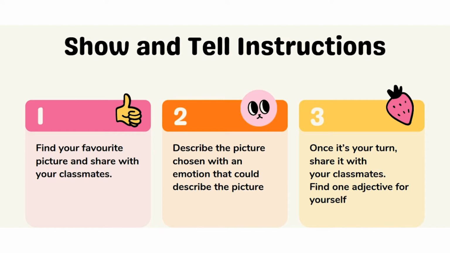After you have shared with your classmate, there is a very simple activity: find one adjective for yourself that could describe you for people meeting you for the first time. What adjective is suitable for you, so that people say, oh, she is this kind of person? This is your own adjective.